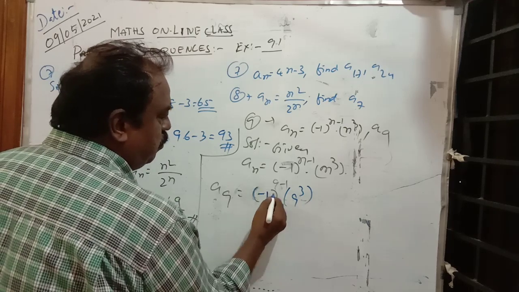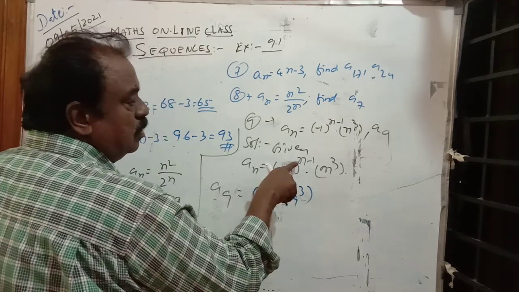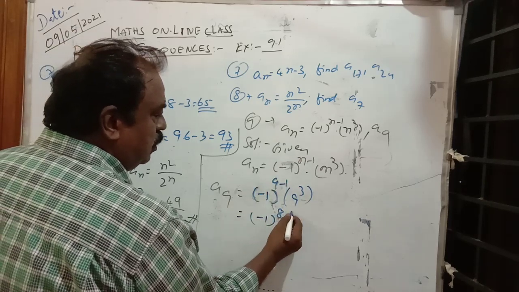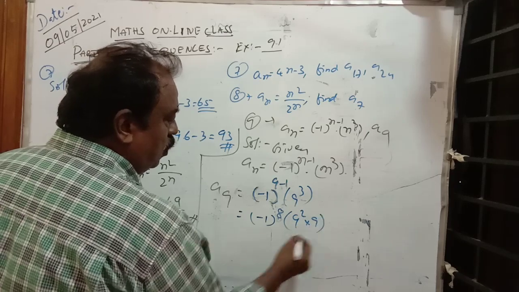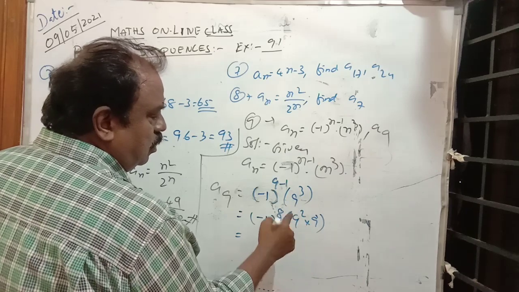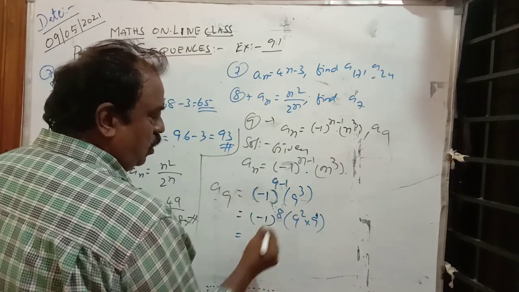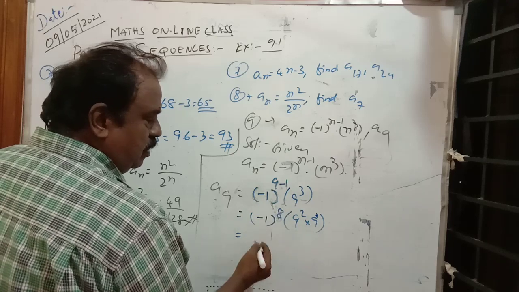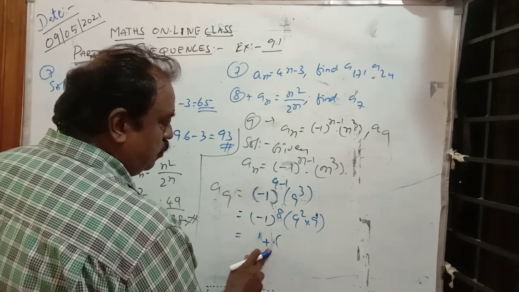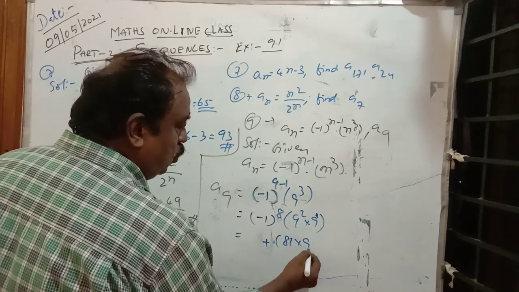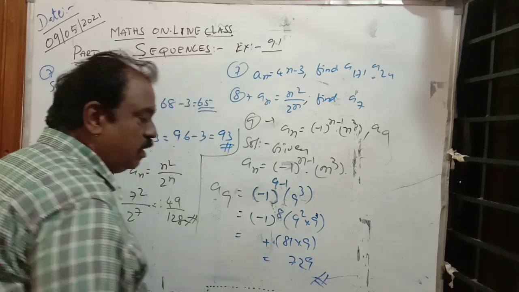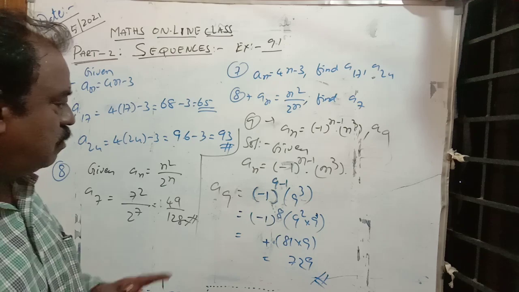In the place of n, we substitute 9. So it is minus 1 power 8, into 9 square into 9. You write it directly, and if it is not possible, you write it like that only. The minus 1 has an even index, so it is a plus only. It is plus 81 into 9, so 729 is the answer for A9.